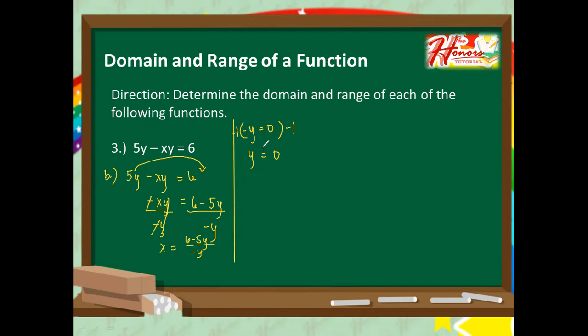So therefore, your y should not be equal to 0, because when this is equal to 0, automatically your equation will be undefined. So in order for us to have the range, we will write it like this. Range is equal to the set of y such that y is not equal to 0. And that's it. This is our range.